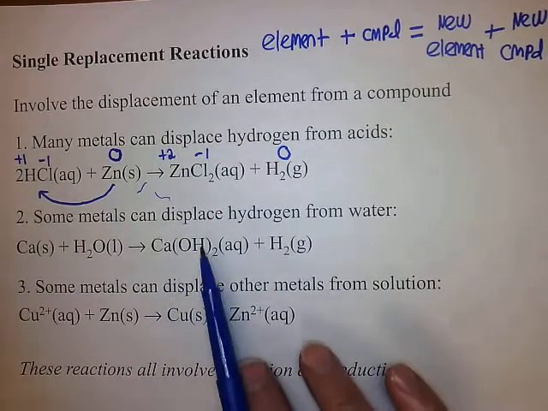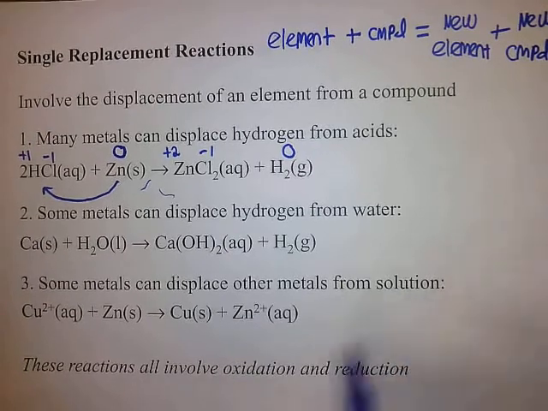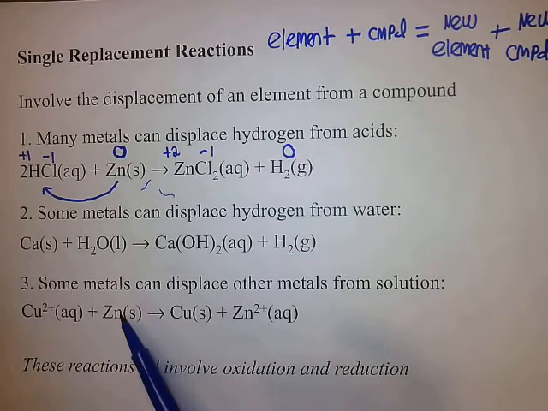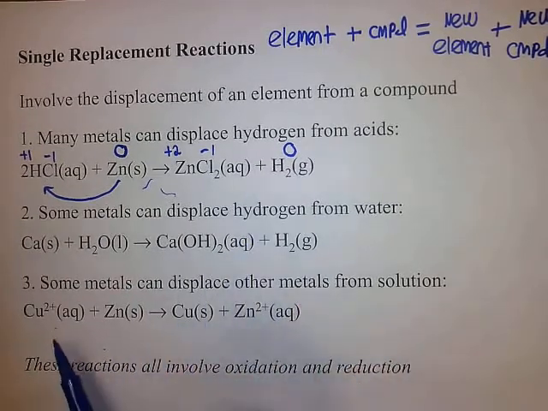And third thing is some metals can displace other metals from solution. So for example, if you go in and put zinc metal, right, solid, there's no charge here, it's not part of a compound, so that's zinc metal, that's zinc in elemental form, and you put that in some copper containing solution like copper sulfate, copper nitrate, counterion doesn't matter, a solution that contains copper ion, you'll get a reaction.